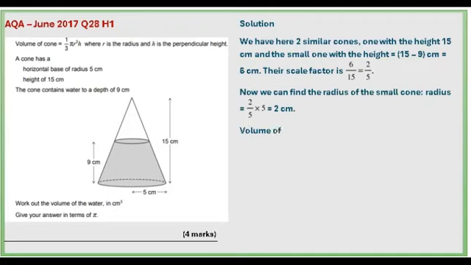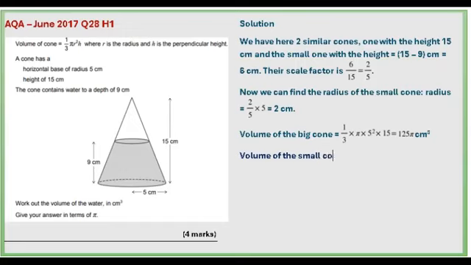The volume of the big cone is going to be 1/3 times pi times 5 squared times 15, which gives us 125 pi centimeters cubed. Similarly, the volume of the small cone is going to be 1/3 of pi times 2 squared times 6, and that's going to give us 8 pi centimeters cubed.